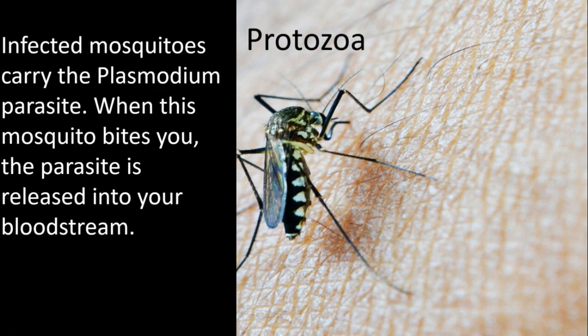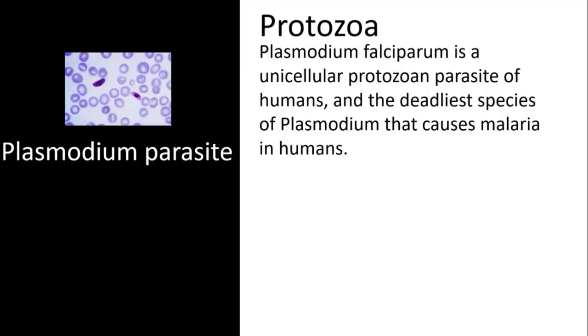This is very harmful protozoa, and this protozoa is transmitted through mosquito. It's a unicellular one. This protozoa is a parasite. It's unicellular, which means it has only one cell, right? But it is very deadliest because it causes malaria.